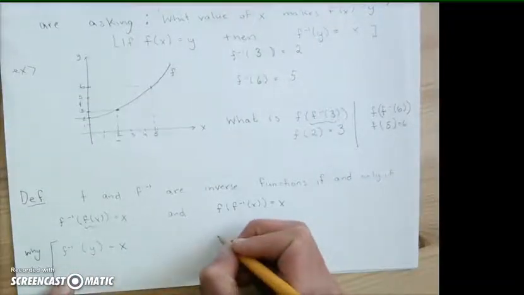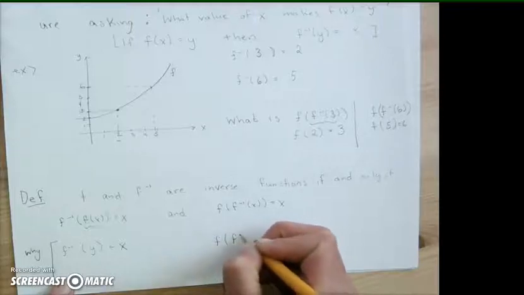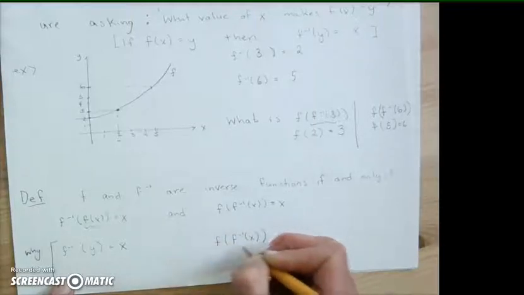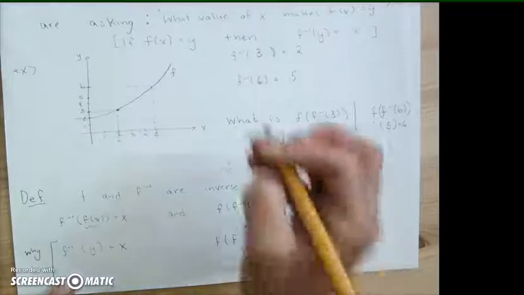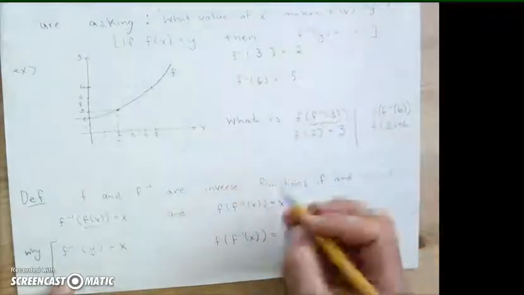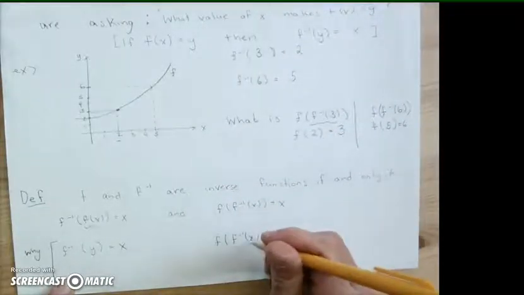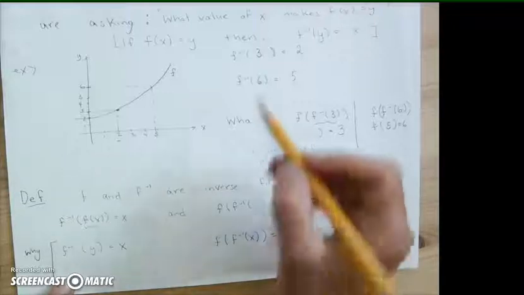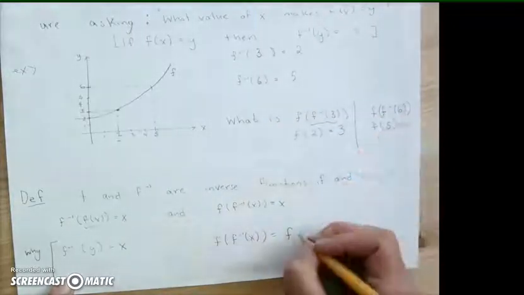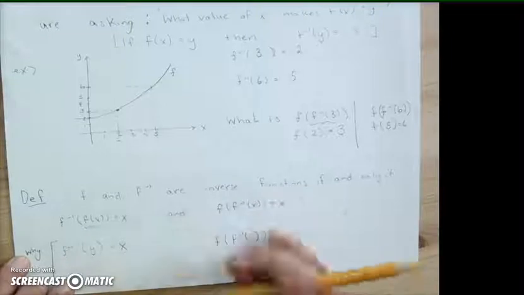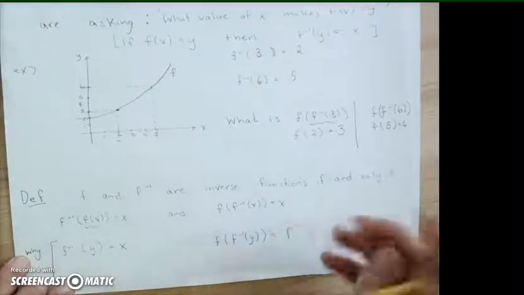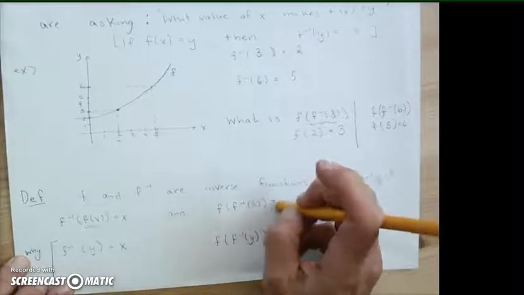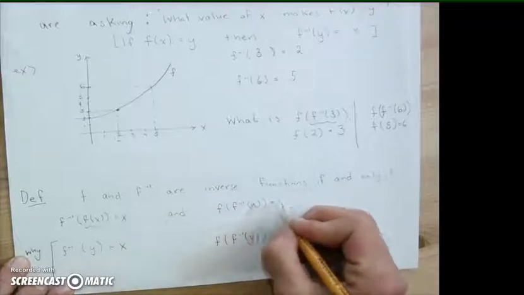In the other direction, if I do f inverse of x, this is just a placeholder, so we can think of it as f inverse of y. So if I do f inverse of some y, let's change these to y's too, just so we're consistent.